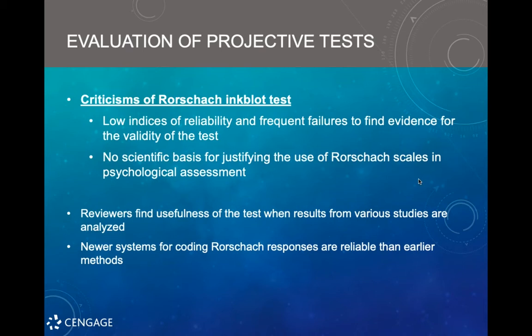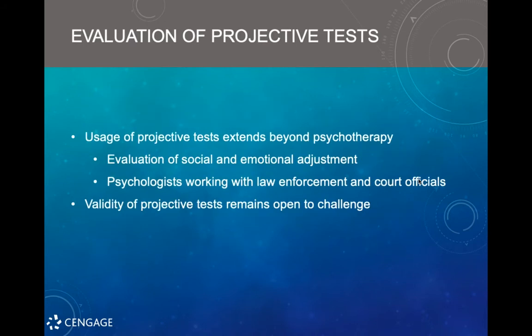If you know that, it can be very helpful and also somewhat more reliable. Rorschach tests can also be used for social and emotional adjustment, for law enforcement, court officials, and things like that. But the validity of these tests still remains open to testing.